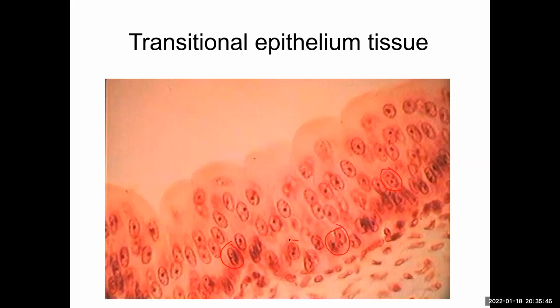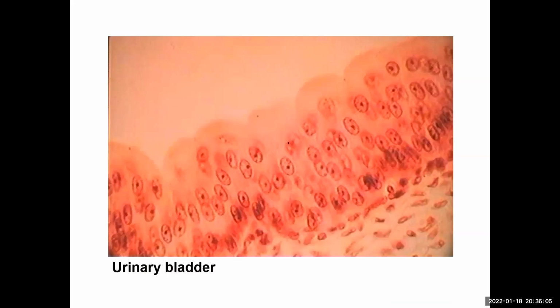Well, this is a great one. So transitional epithelium is going to have the binucleated cells. And this is relaxed epithelium from the urinary bladder. The tops here look nice and rounded because there's no urine here. So we're going to find transitional epithelium in the urinary system, in the urinary bladder.